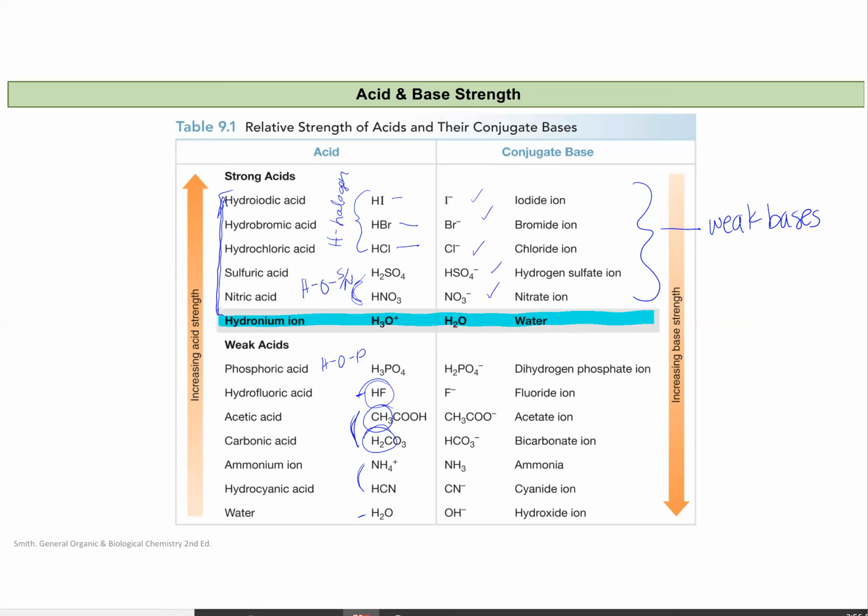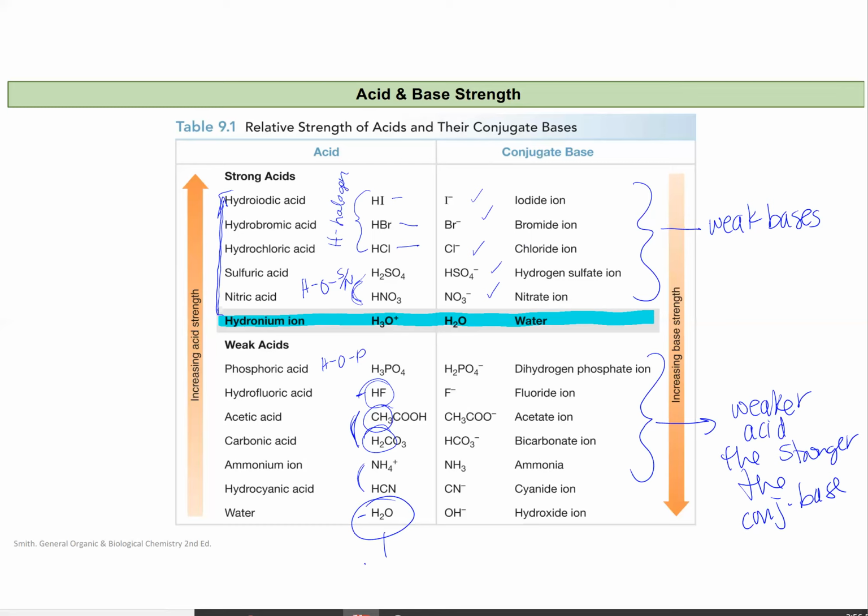As we get to weaker acids, the weaker the acid is, the stronger the conjugate base. So water is a really weak acid, but its conjugate base is hydroxide, which is a very strong base.